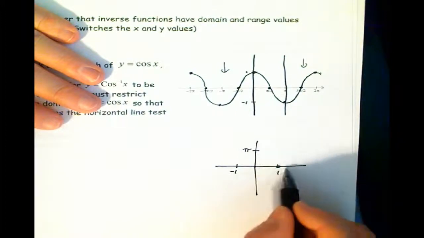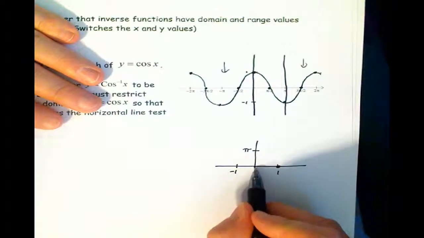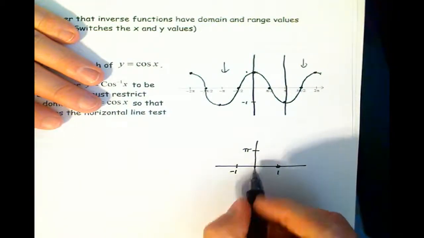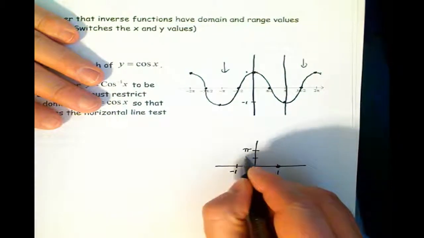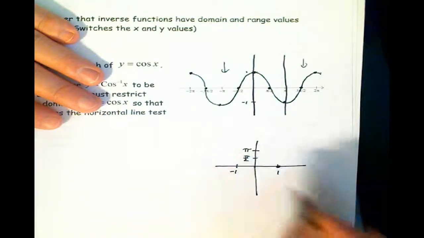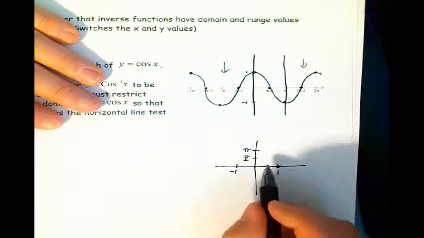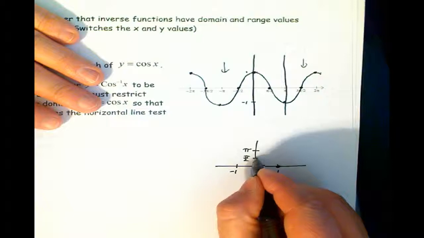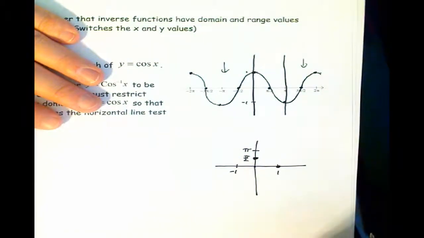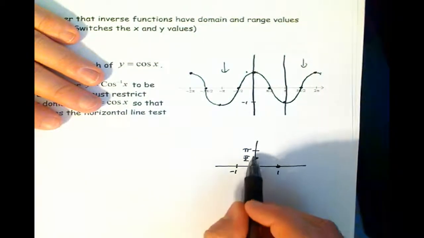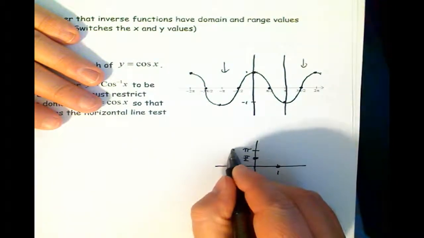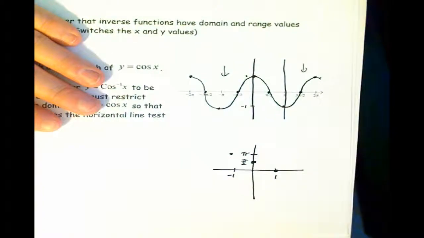So we are at 1 over here. We don't normally jump from 0 to pi. There's a spot in between, which is pi over 2. Cosine at pi over 2 is 0, so I have a point right there. And cosine at pi is negative 1, so it's right there.